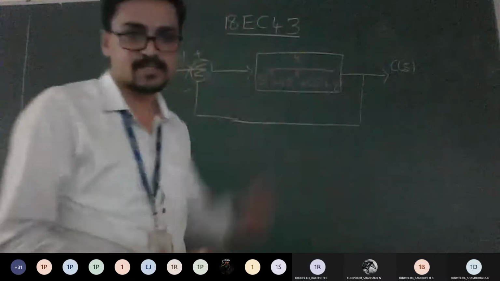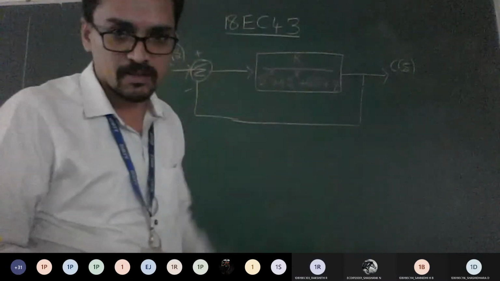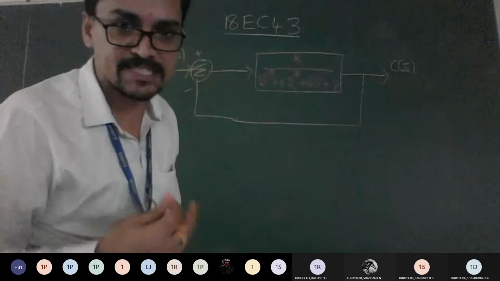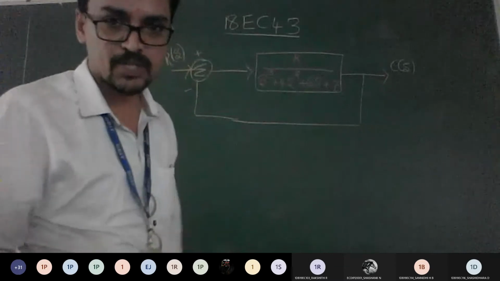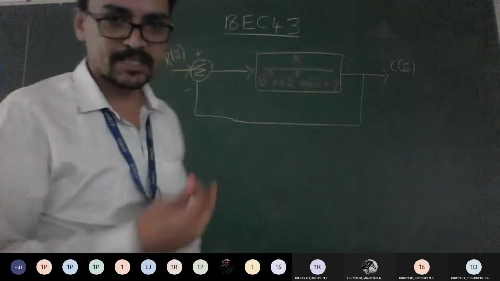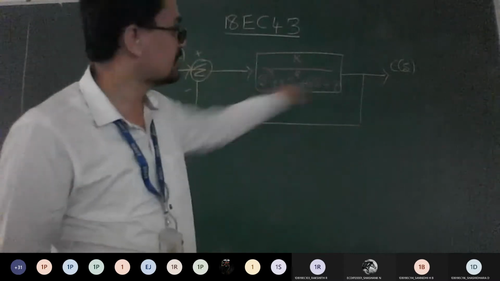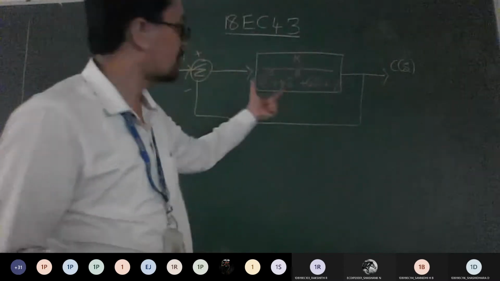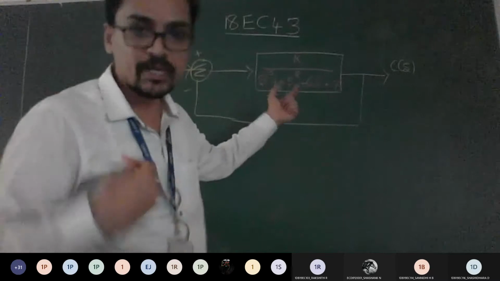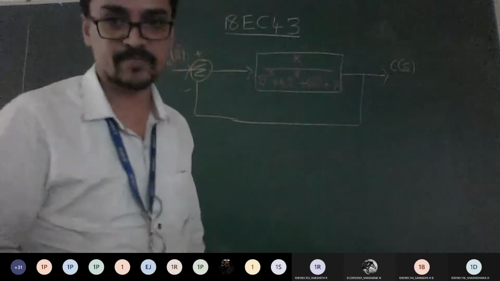Good. See, the logic is simple, guys. Till now what you solved, we used to get a characteristic equation and from there we solved different cases. But in this type of problem, they will give a diagram like this, and from this we need to build a characteristic equation. That is the only change.